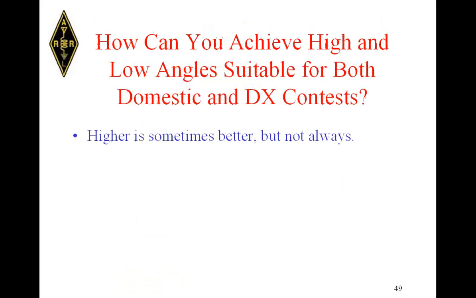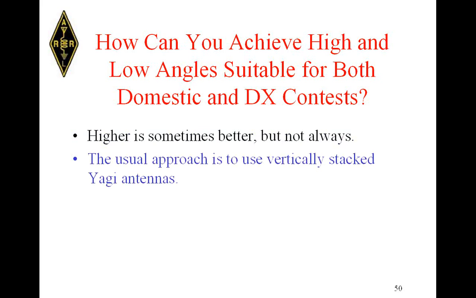All right, so how can you achieve high and low angles suitable for both DX and domestic contesting? And as I've been pointing out a little, and I'll show in more dramatic detail, higher is sometimes better, but not always. The usual approach to get both high and low angles is to use vertically stacked Yagi antennas.